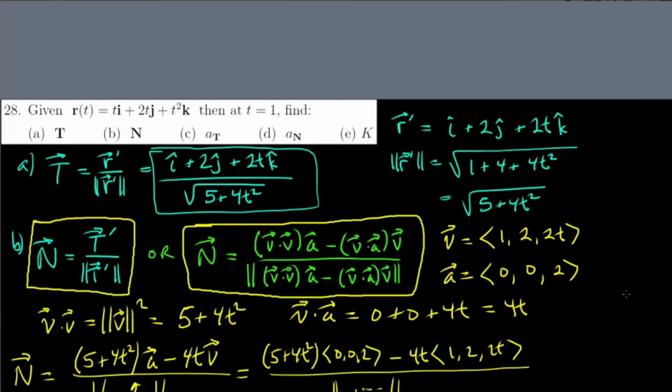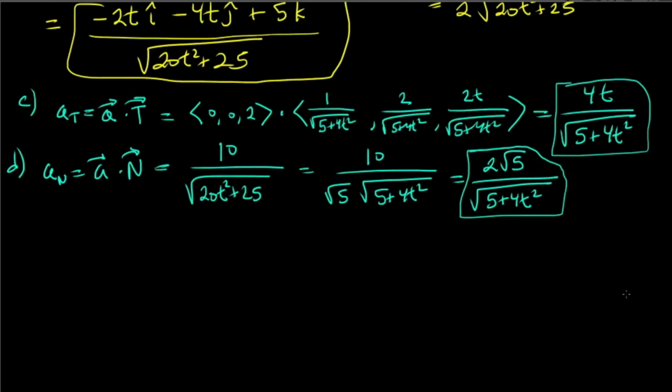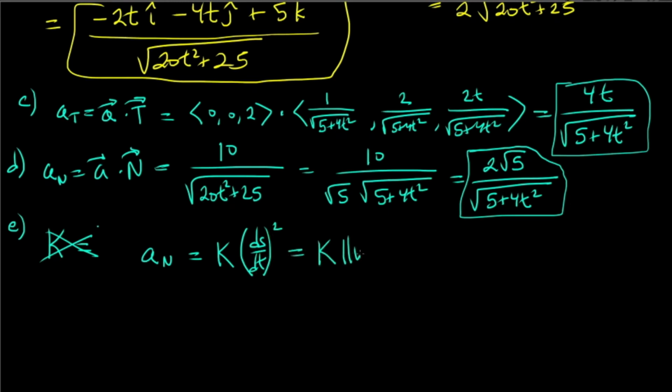Okay, and finally, I think it's the curvature. So now we want the curvature, kappa. There's a whole bunch of formulas on your formula sheets. The one I like best is actually not a formula for kappa, but the normal acceleration, remember, is kappa times the derivative of s squared. Now the derivative of s is just the magnitude of v.